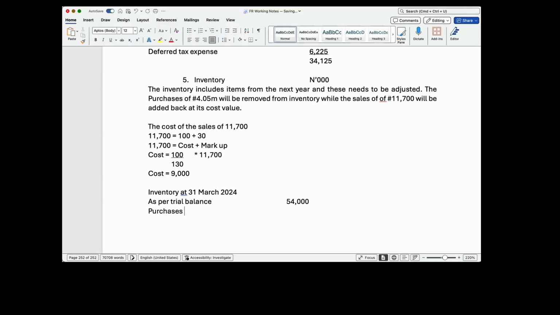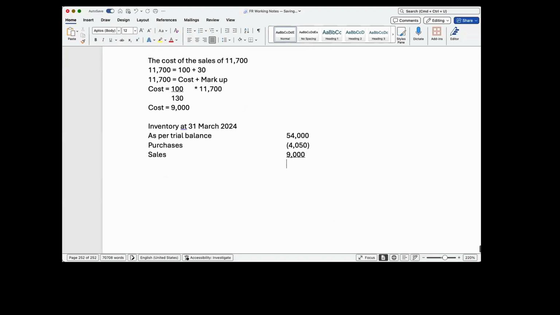I would remove the purchases, the 4,050, and the sales at its cost, I will add it back, 9,000. So what's my inventory value? 58,950.